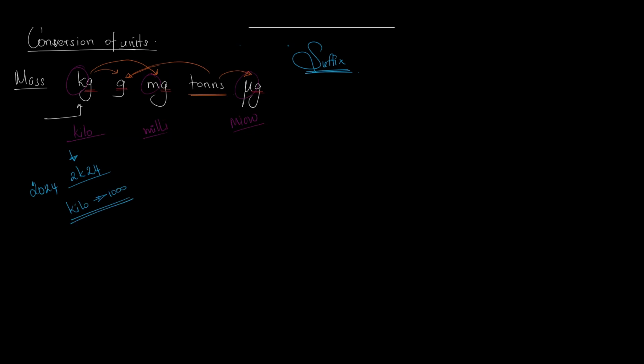So we have milli, we have micro, we have nano, we have pico, right? So milli is simple M, micro is mu, nano is simple N, pico is simple P.